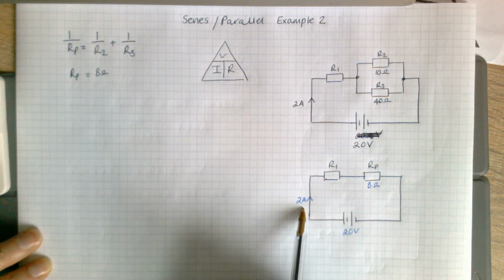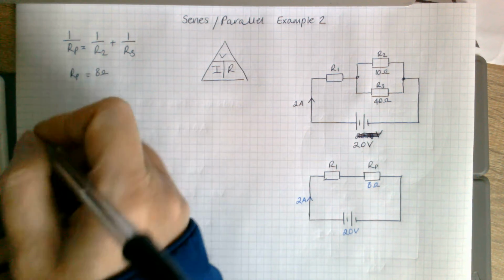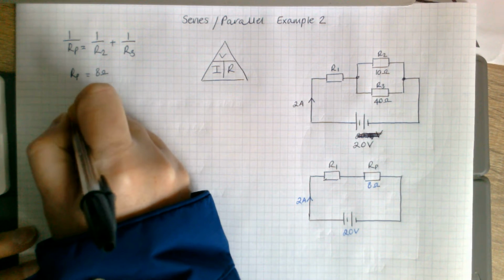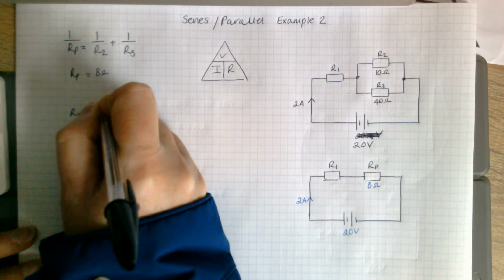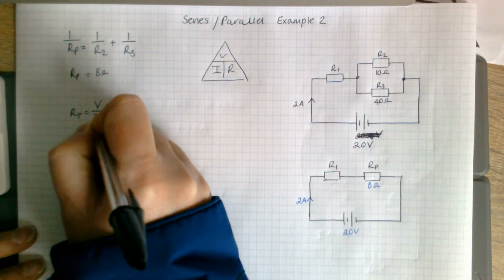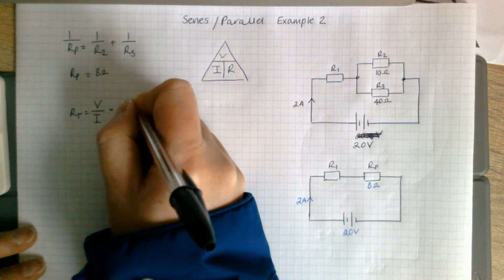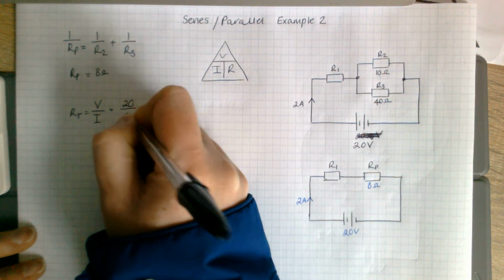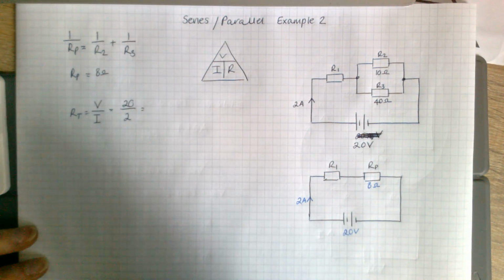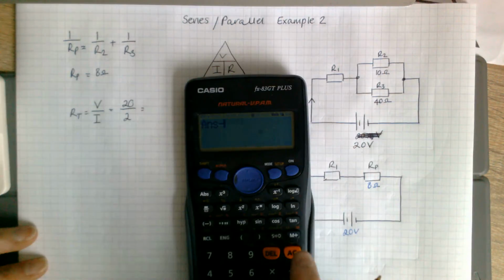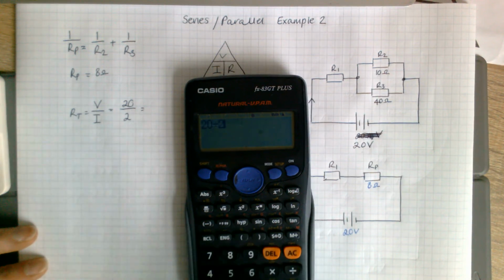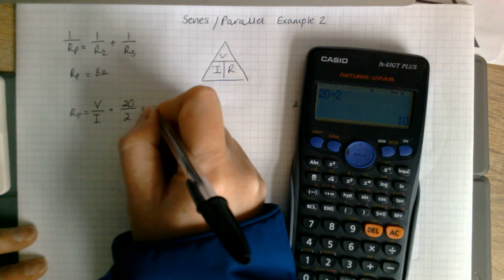So I know my voltage, I know my current, so I'm going to get my RT. For my full circuit, R total, I'm going to use my total voltage, my total current. So my total voltage in the circuit is 20. Total current in the circuit is 2. 20 divided by 2. If you need your calculator, use your calculator. That gets you 10 ohms.